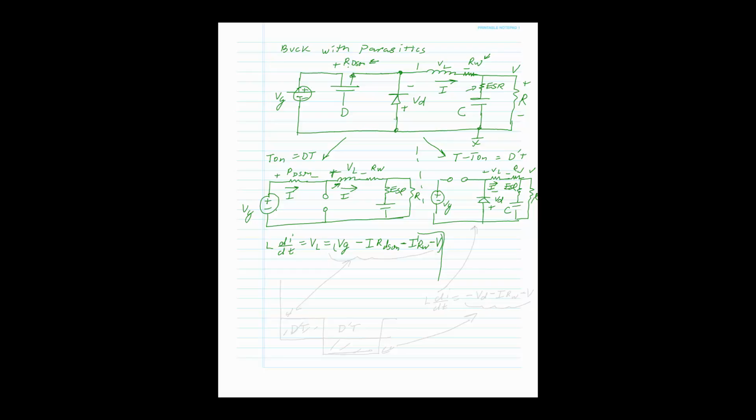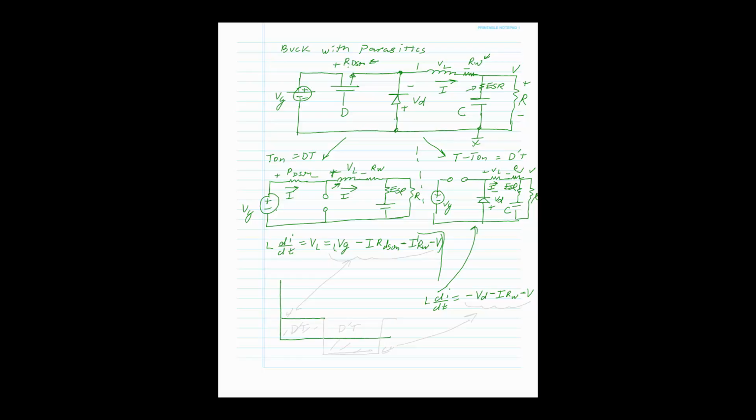What is it going to be for this circuit here? Well, this is going to be equal to, again, L dI/dt. That's V of L. It's going to be equal to minus VD minus I RW minus V. As we could see, we could do our little plot again, and you could kind of see what this looks like.